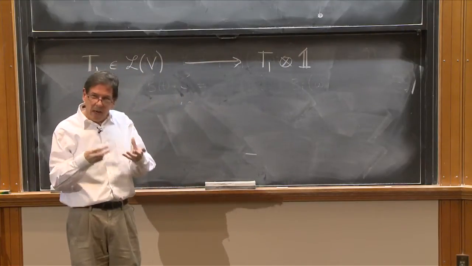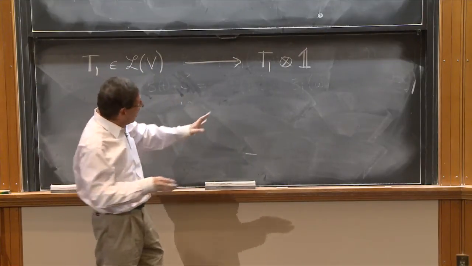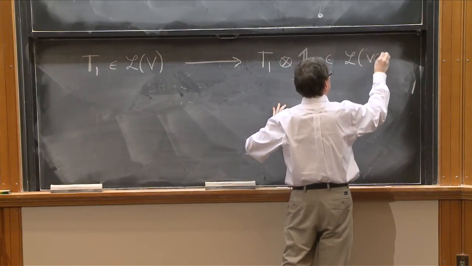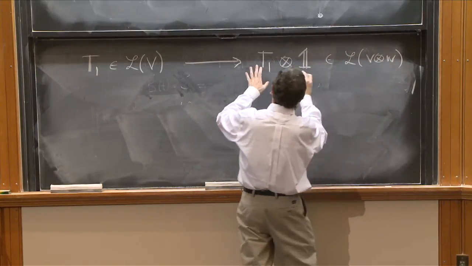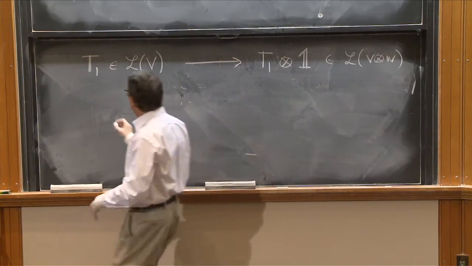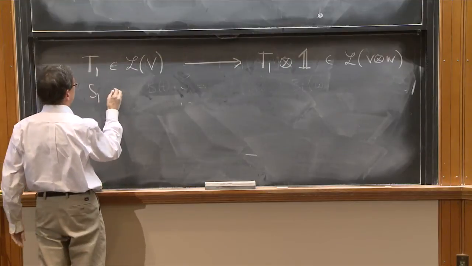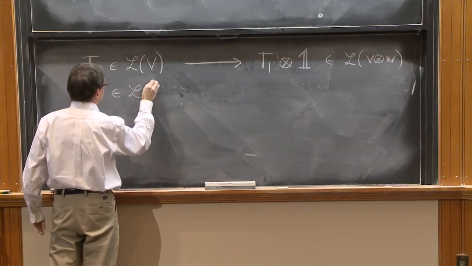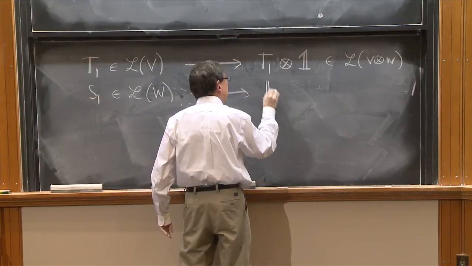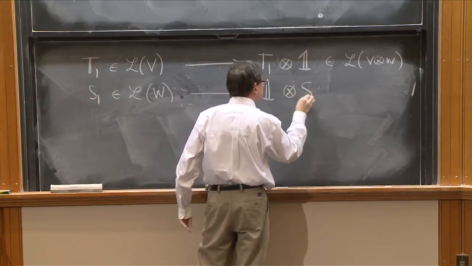So this is more or less what you would imagine. You have now an operator that belongs to the linear operators on the tensor product, but it's the operator you got times that. If you had an operator S1 belonging to L of W, it would go into 1 times S1.